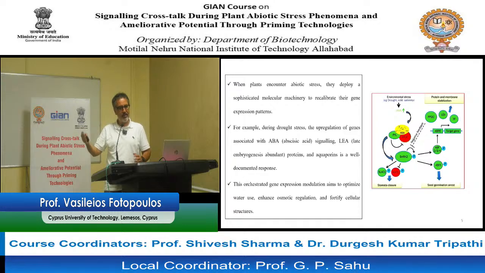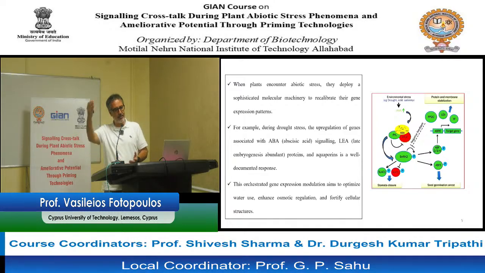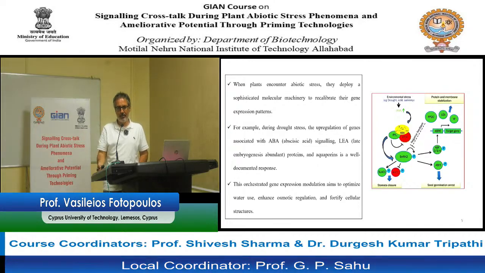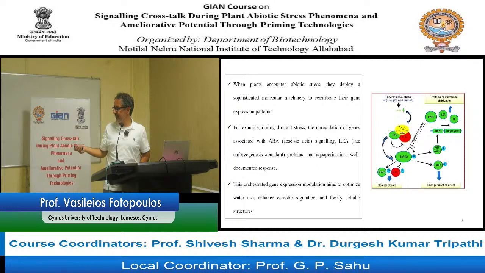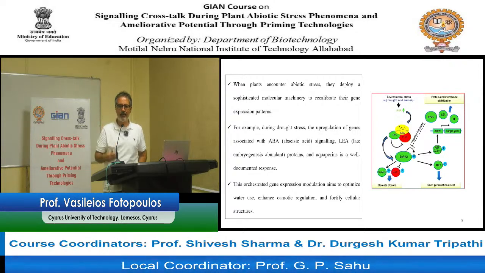So these are things that are crucial for biological sciences, and hence their importance in terms of the journals that they were published in. This in turn downstream results in multiple secondary responses, such as the activation of SLAC channels that ultimately lead to the phenotypic response, which is the closure of stomata. And this is what it's all about, minimizing water losses.